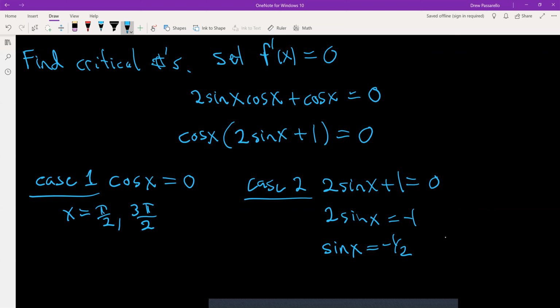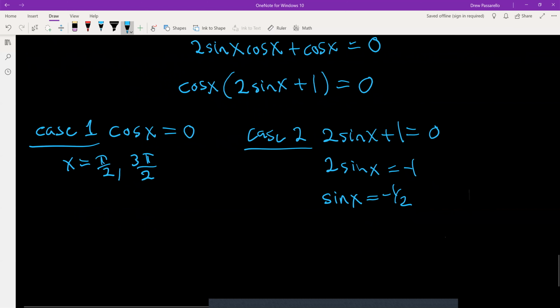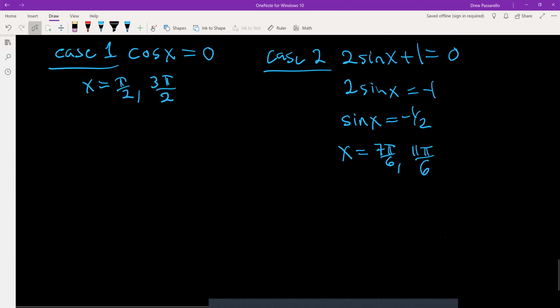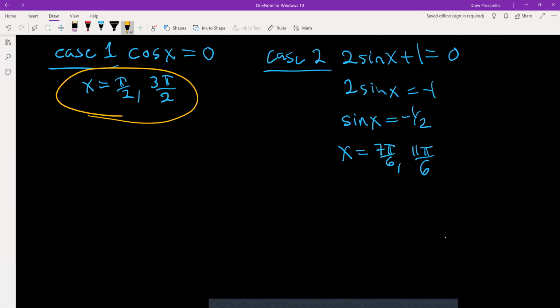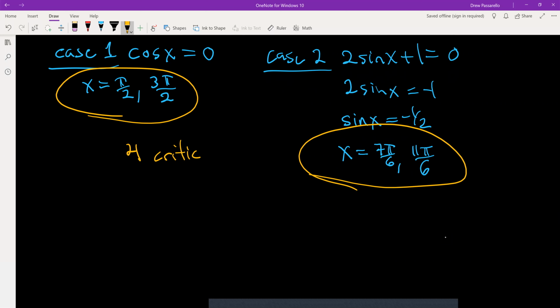And that's when x is 7 pi over 6 and 11 pi over 6. All right, so I got 4 critical numbers. So this and these. So there's 4 critical numbers.